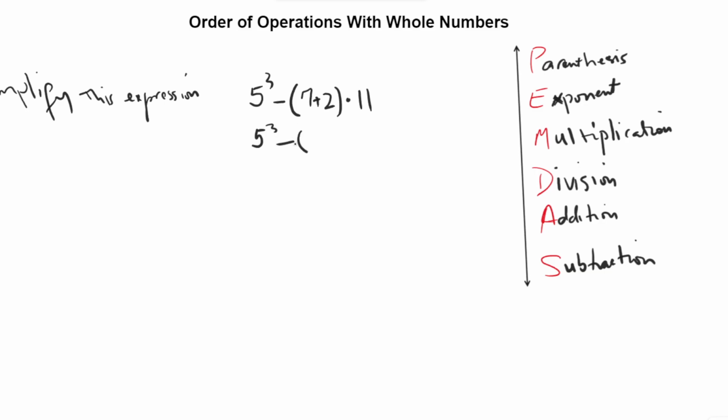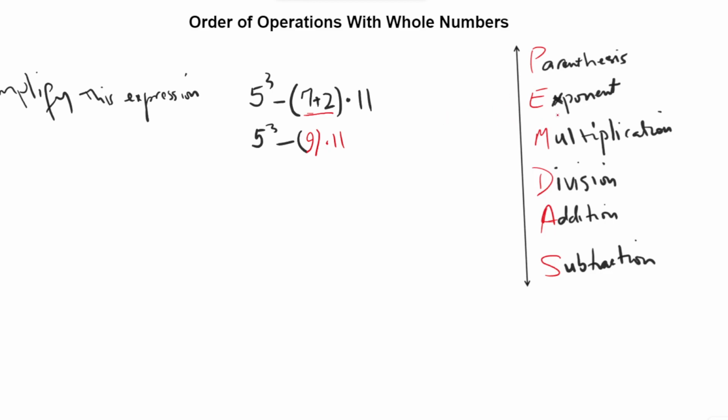I'm going to rewrite 5 cubed. This is 7 plus 2, we do this one first. 7 plus 2 is equal to 9, and times 11. And we get 5 cubed minus 9 times 11. That's the first step because we just did the parentheses.